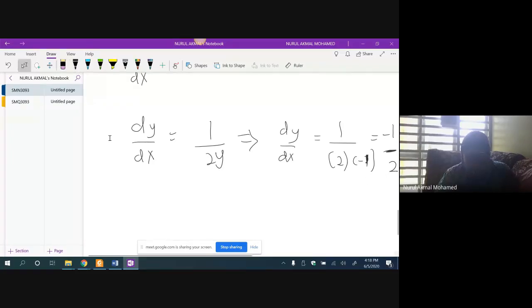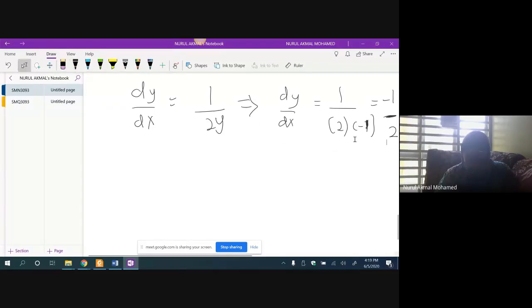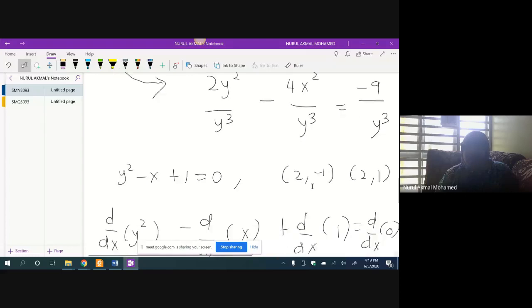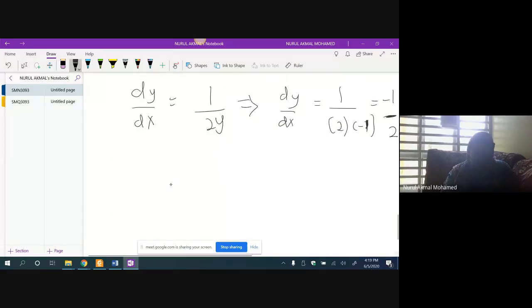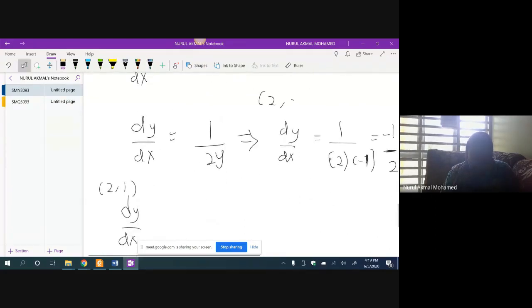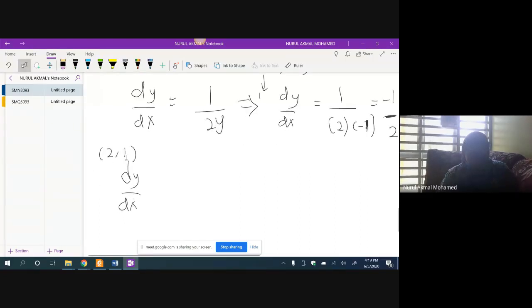So that is your dy dx for the first coordinate here. The second coordinate is 2, 1, so y is 1, and the dy dx is 1/2. So the answers are -1/2 and 1/2.